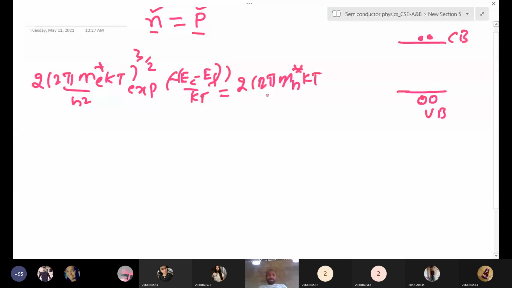So here some of the terms will cancel out, because 2 pi kT by h square is common on both sides, so we can cancel out the two terms.